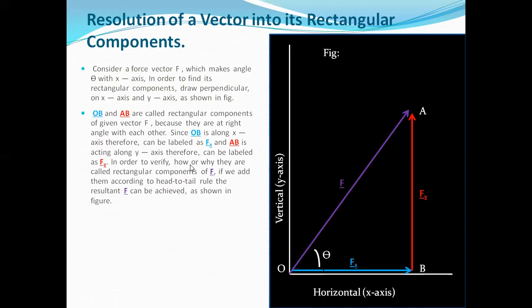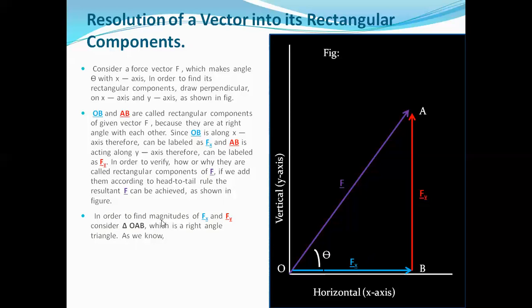In order to verify how or why they are called rectangular components of F, we can add them according to head-to-tail rule. The resultant F can be achieved as shown in figure. That means, as you can see, head-to-tail rule, one vector ends, the other vector starts, and the resultant vector will be a combination of the two vectors, which is basically showing the combined effect of vector Fy and Fx.